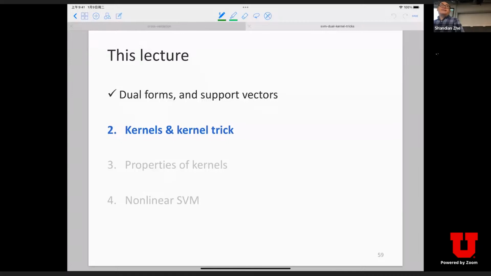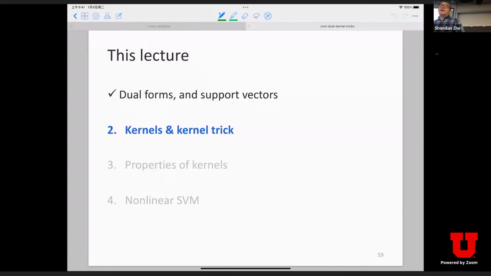We'll talk about why this primal form is equivalent to any general constraint optimization problem, right? And you just switch min and max, you get the dual form. And in the SVM case, the dual form is equivalent to the primal form, meaning that the optimal solution for the dual is the same as the optimal solution for the primal.